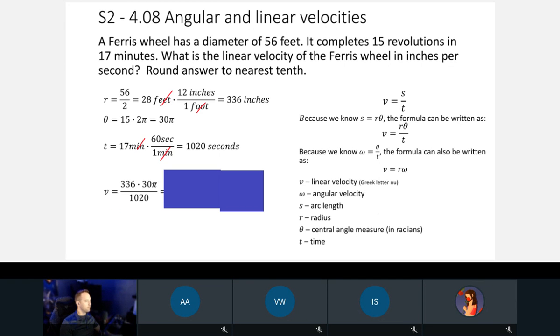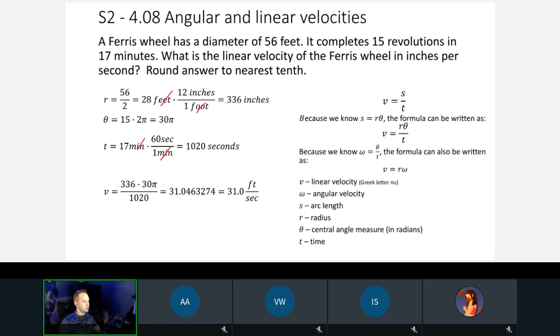Gotcha. 31 flat, because it's 0.04, but that won't actually round up to anything. Sounds good to me. Yep, 31. Oops, I put feet per second. I meant inches. Oh, silly me.